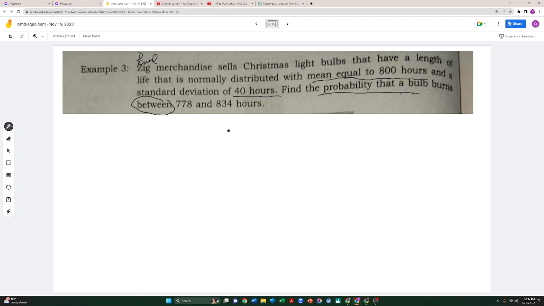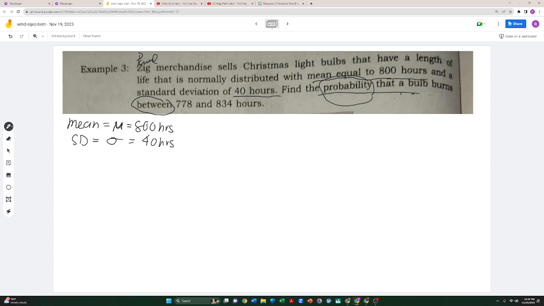So we understand this. Find the probability: what are the bulbs that last from 778 hours to 834 hours, and what is the probability of them among the rest as a whole? We know already that our mean, which is also denoted by this symbol, is 800 hours, and our standard deviation, also denoted by this one, is 40 hours.